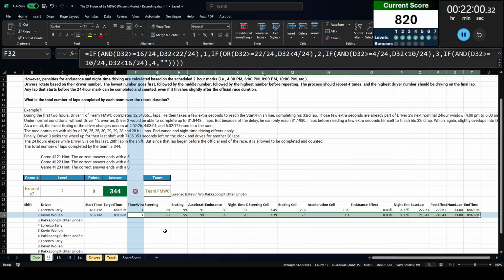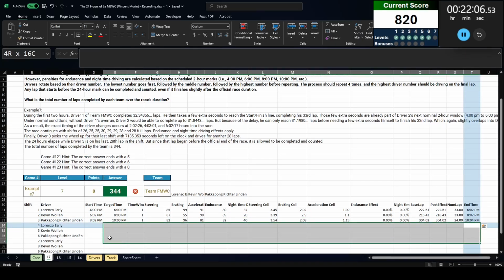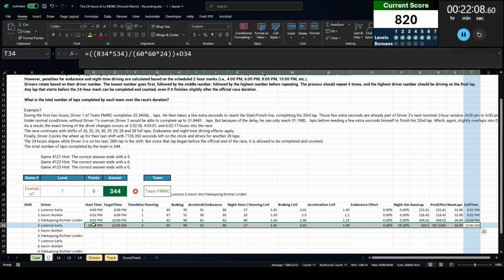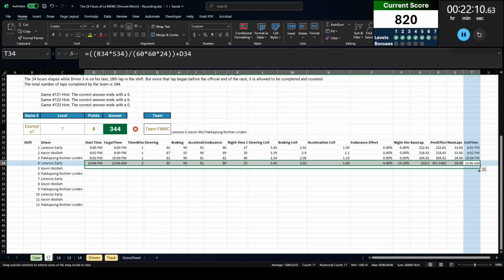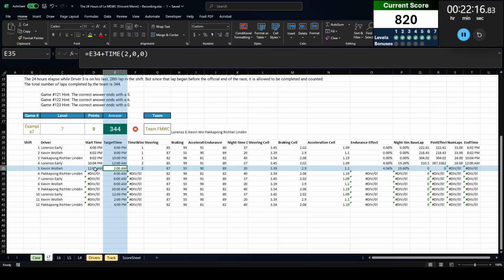Let's see if these all fill in nicely. Okay. So far so good. Do the next row. Okay. Let's just fill it all down. Of course, the moment I fill it all down, it is no longer happy with me. Right. So I think I know the problem here.